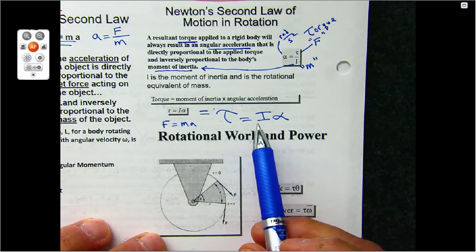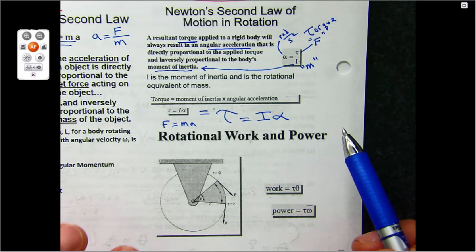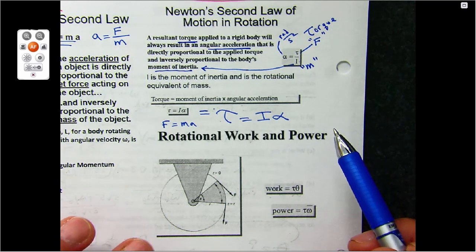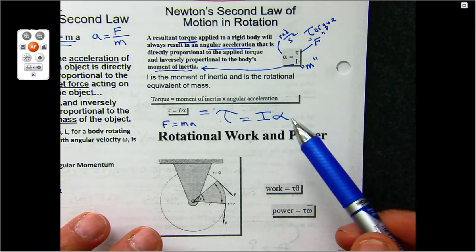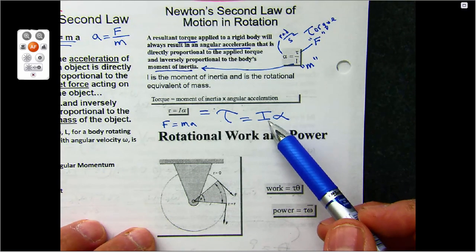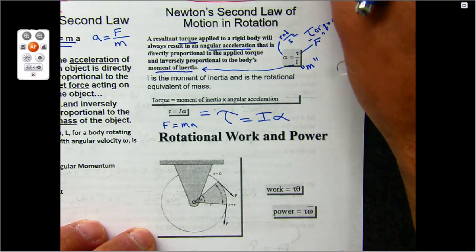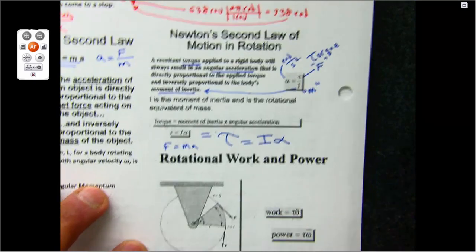Now this I, the moment of inertia, is the most interesting thing. It is the rotational equivalent of mass. And it varies depending upon the shape of the object and where the rotation is. So if we go to the next page, I'm not worried about anything else on this page.